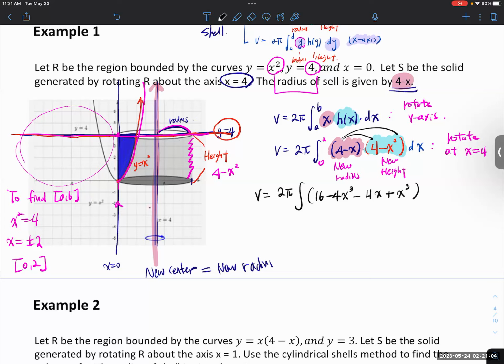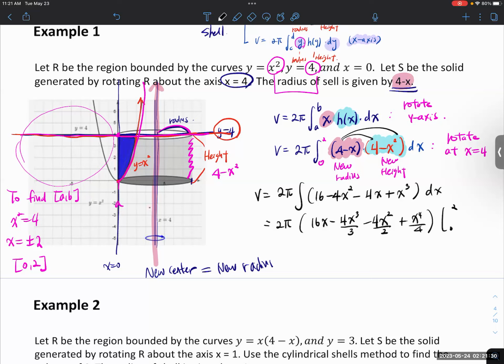So 16, 4 times x to the second, and negative 4x plus x to the third. So this is a dx. So you're going to take the integral: 16x minus 4x to the third over 3, 4x to the second over 2, x to the 4 over 4, from 0 to 2.